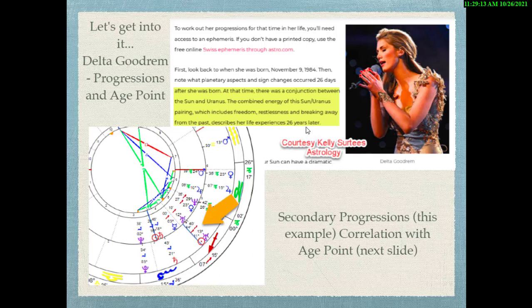So we're looking at just secondary progressions when her Sun finally moved completely over top of Uranus, and Kelly does a great job of explaining the impact this would have, looking at breaking away and restlessness from the past. I'm going to marry this up with age points and show you how it works from the age point level.